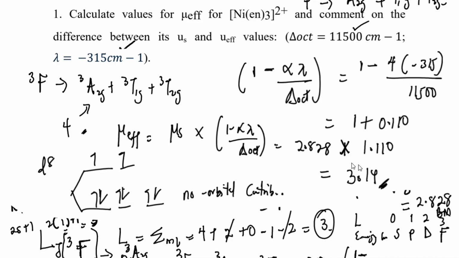But the value for mu effective was still greater than mu spin. So this was due to basically spin orbit coupling. Assuming there was orbital contribution here, it could have been higher, and the reason could have been orbital contribution. But despite the fact that there was no orbital contribution, the mu effective was still greater than the mu spin. So the reason is basically spin orbit coupling.